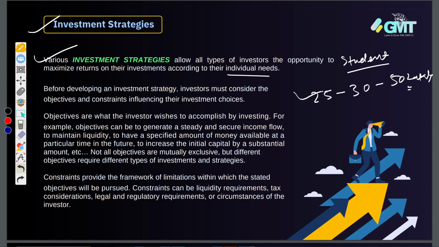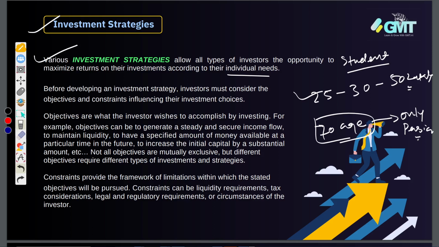If I take the example of a person who is 60 or 70 years old, and you don't have any income resources and you fully depend on, let's assume, only one income resource or maybe your pension scheme or pension fund, whatever you have received, then will you be able to take the risk at the age of 70?